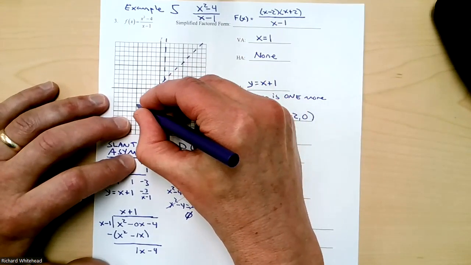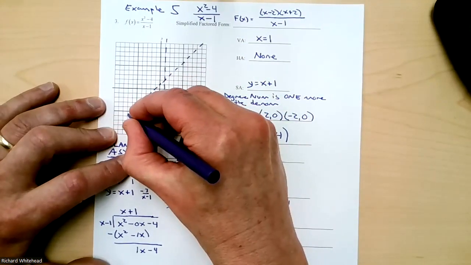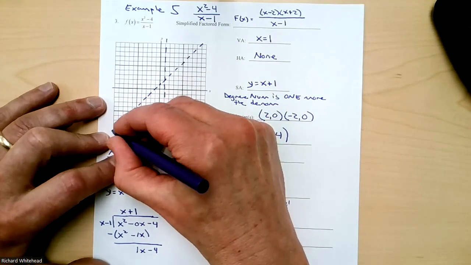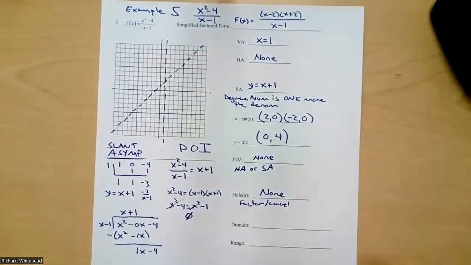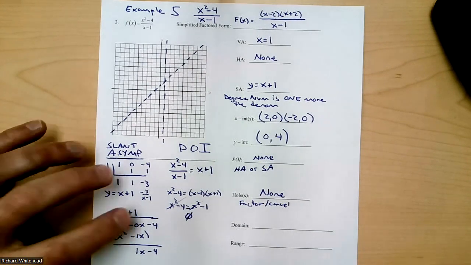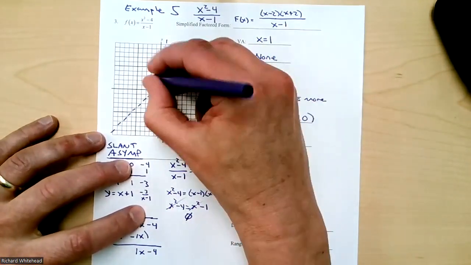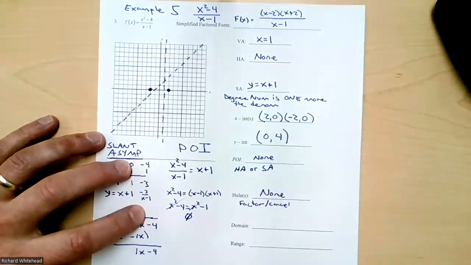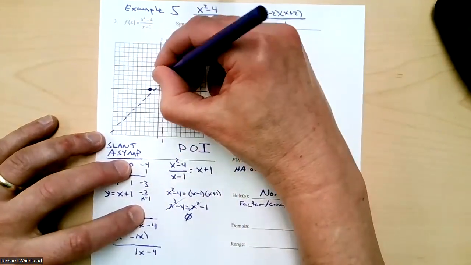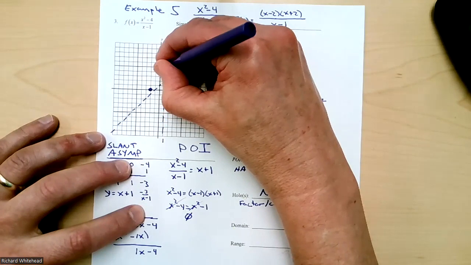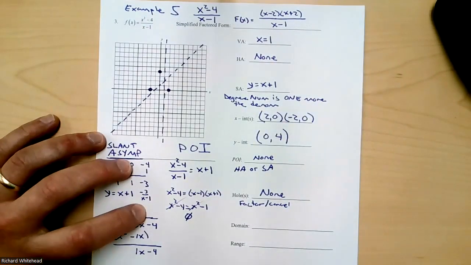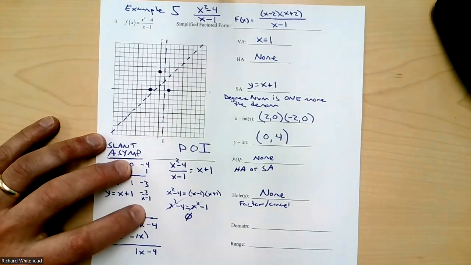So it's going to look roughly like this. There's your slant asymptote. You've been doing those since you were little kids. The x-intercepts are (2, 0) and (negative 2, 0). The y-intercept is at 4: 1, 2, 3, 4. There's no point of intersection, which saves me a little bit of trouble.